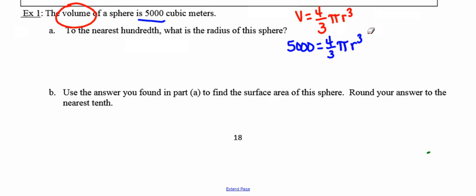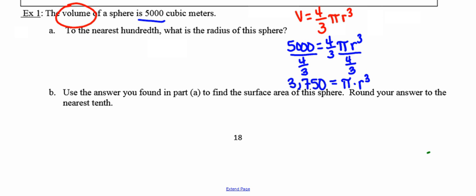At this point, I've substituted everything into the formula that I can, and I need to solve this equation. In other words, I want to get r all by itself and undo all of the algebra that has been done to the radius. So to undo multiplying by 4/3, I'm going to begin by dividing both sides by 4/3. When I get my calculator out and type in 5,000 divided by the fraction 4/3, I end up with 3,750, and that's going to be equal to pi times the cube of the radius.